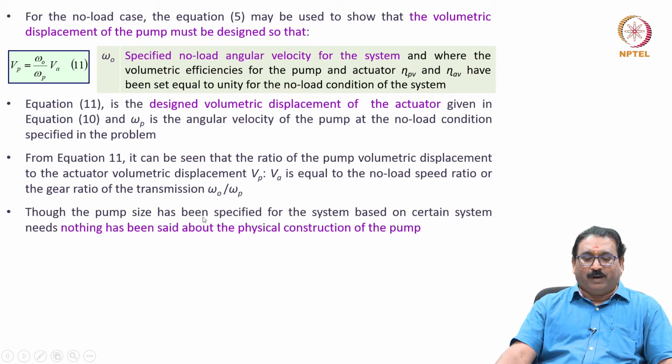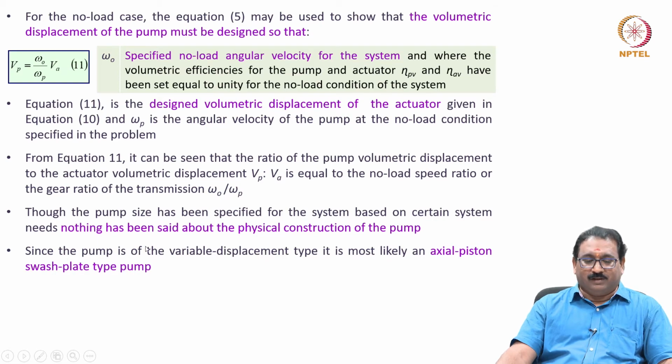Though the pump size has been specified for the system based on certain system needs, nothing has been specified about the physical construction of the pump. Since the pump is of the variable displacement type, it is most likely an axial piston swash plate type pump.